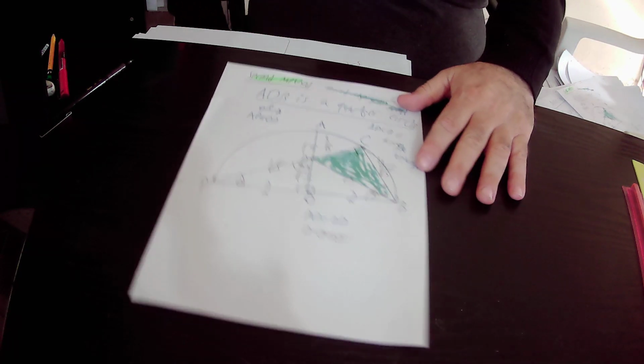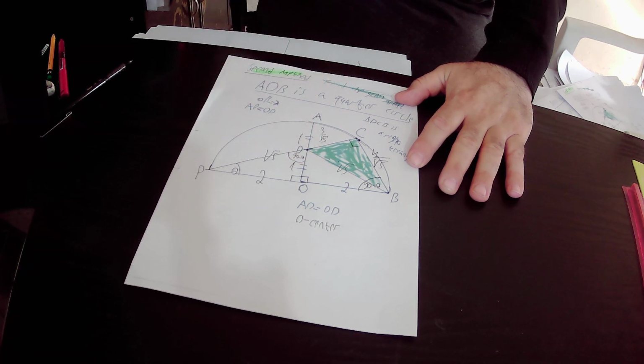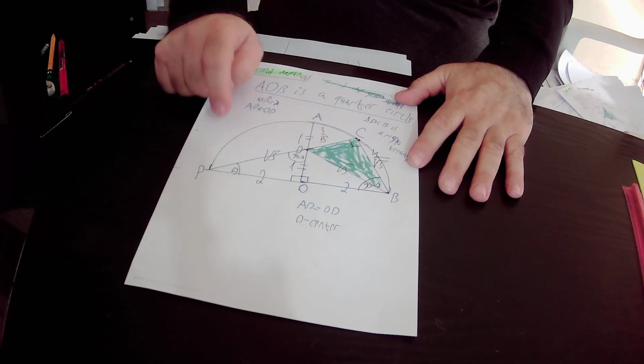AD equals 1 unit, DO equals 1 unit, and we completed the quarter circle to a semicircle.